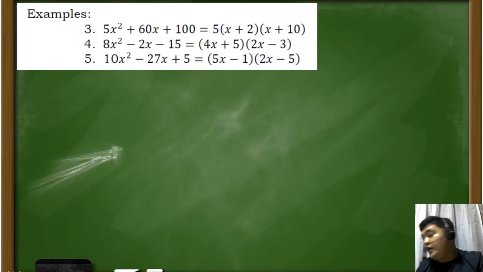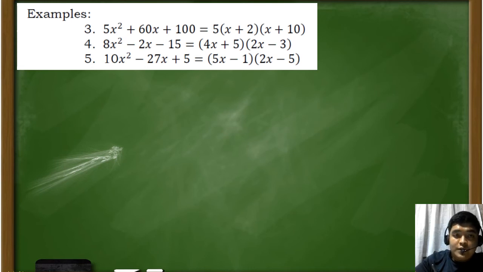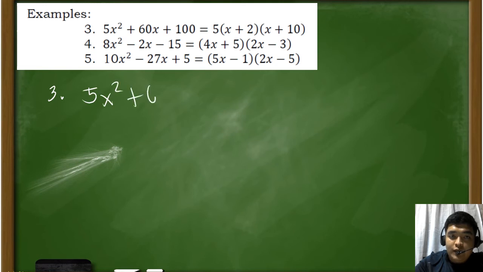So number 1, we have 5x squared plus 60x plus 100. Okay, so what should we do for number 3? For number 3, we have 5x squared. We can simply factor out the 5.